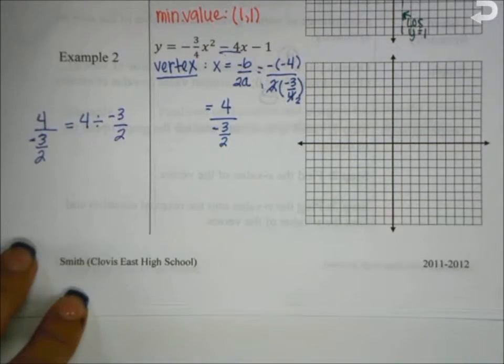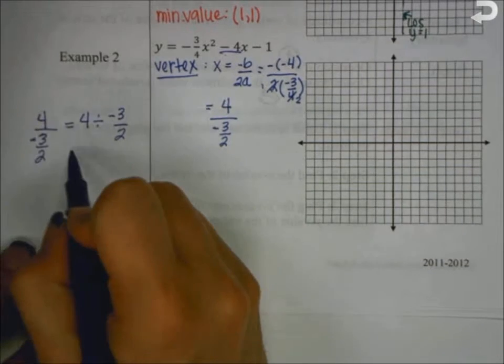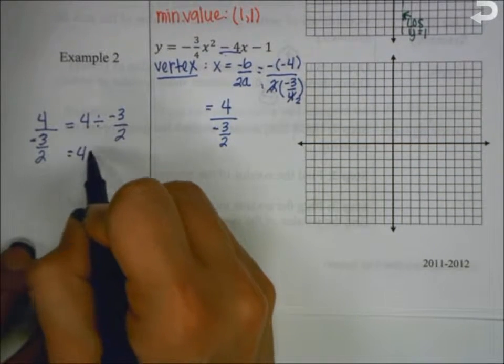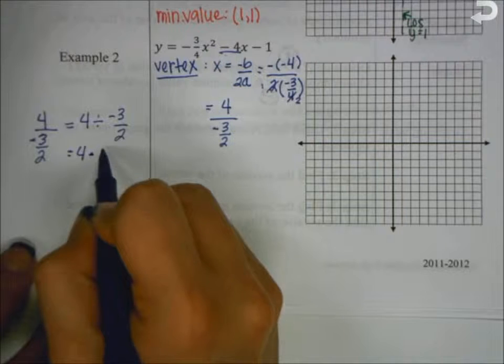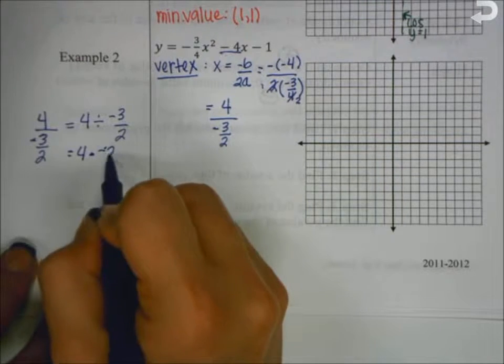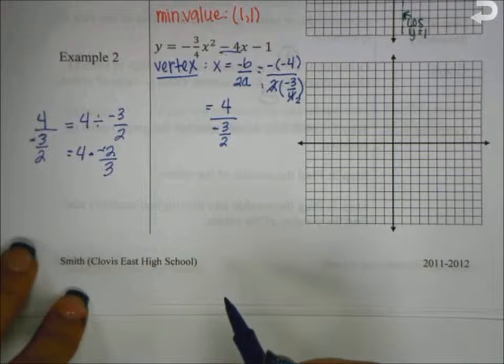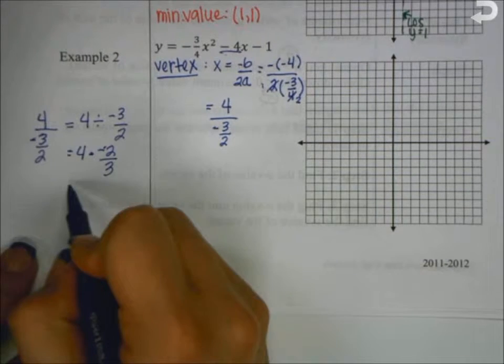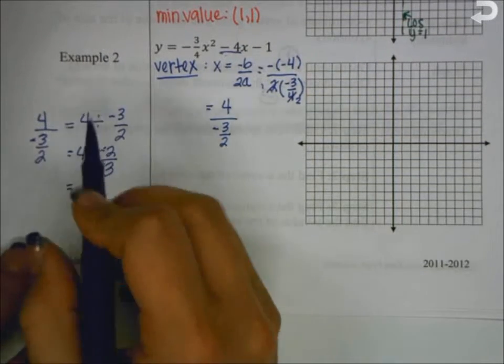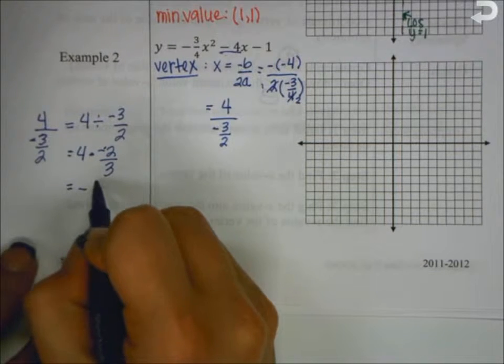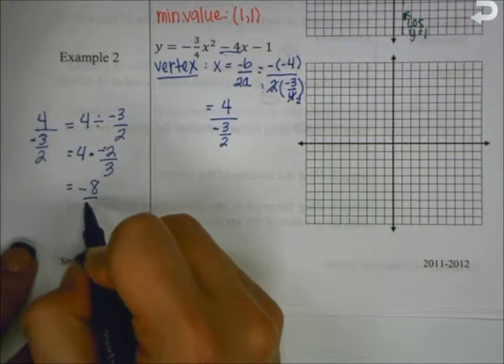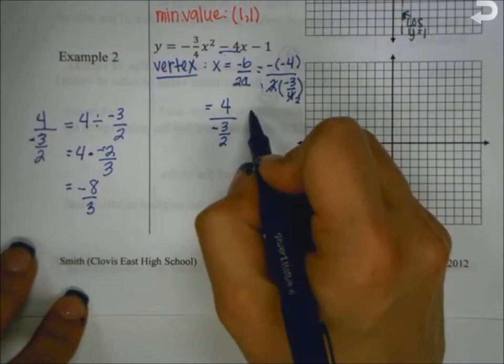Dividing fractions is really multiplying by the reciprocal. So this is the same as 4 times what? Negative 2 over 3. So 4 times negative 2 over 3, what does that give me? Negative 8 over 3. So my x value of the vertex is going to be negative 8 over 3.